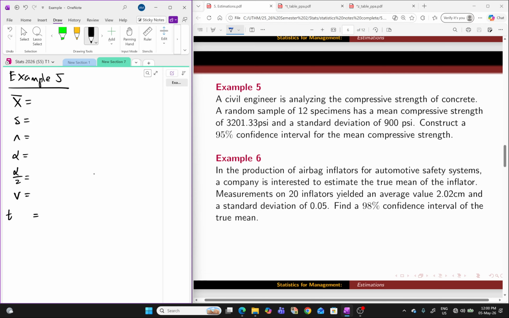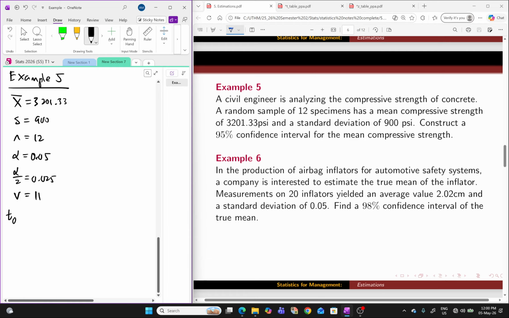Mean is 3, standard deviation is 900, n is 12. This one should be 0.05, 0.025. Am I right? This should be 11.